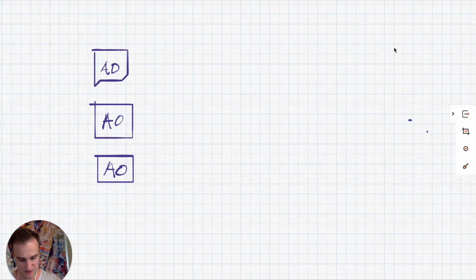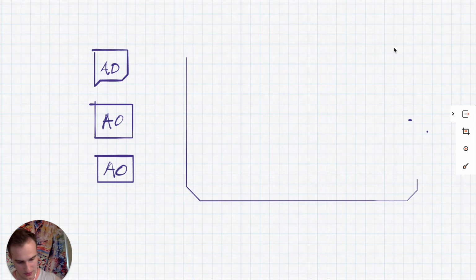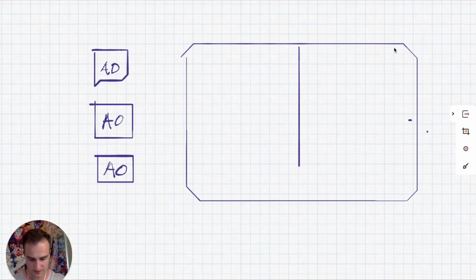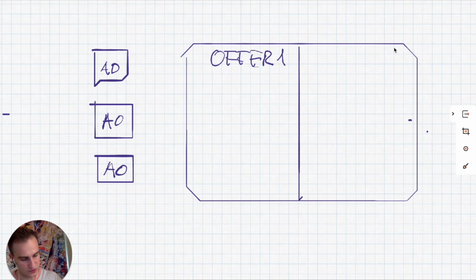Then you have your funnel, okay? This is your funnel. And your funnel consists of, in our case, let's say 2 stages, right? So offer 1, offer 2.